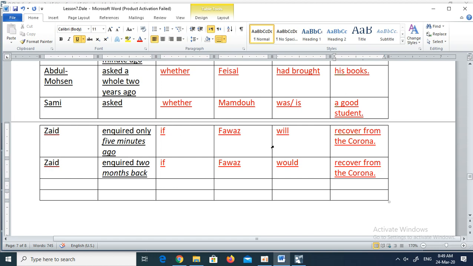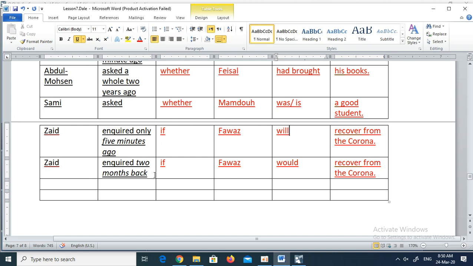Alright, so if you look at these two sentences, they are identical, but inquired, the main verb in the main clause is past tense here, past simple. Inquired in this clause is the same word, past simple tense. But when Zaid inquired only 5 minutes ago if Fawaz will recover from the corona, Fawaz is still sick with the corona, so we will use will.